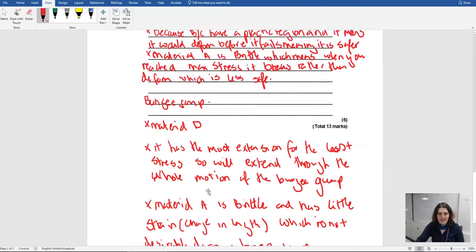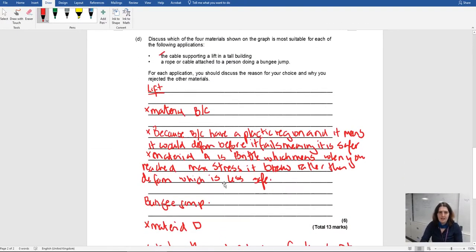So how I did that is, of course, I looked at the topics here, and normally they will give you things they want you to talk about. And normally that implies topics or headings that you could look at, okay? And then it's actually telling you what to do. For each application, you should explain the reason for your choice and why you rejected other materials. So I have taken that as going, cool, I need to say 6 things because it is a 6-mark question.